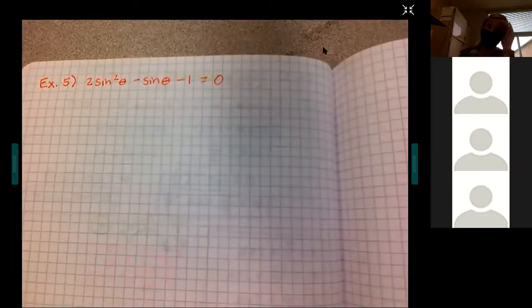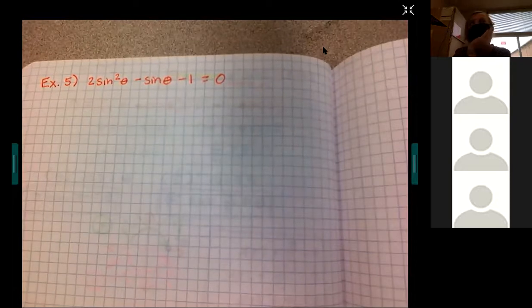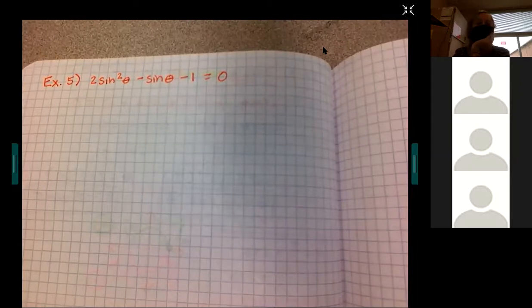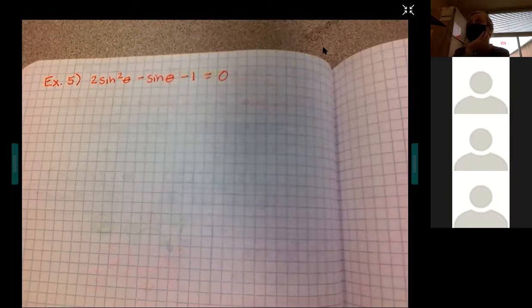But I didn't go over it, so this would be a good way for people to check themselves. It's also very similar to the one we already did in our notes.